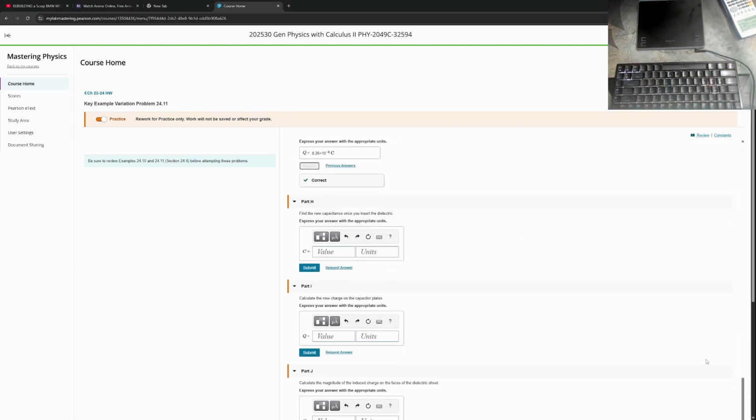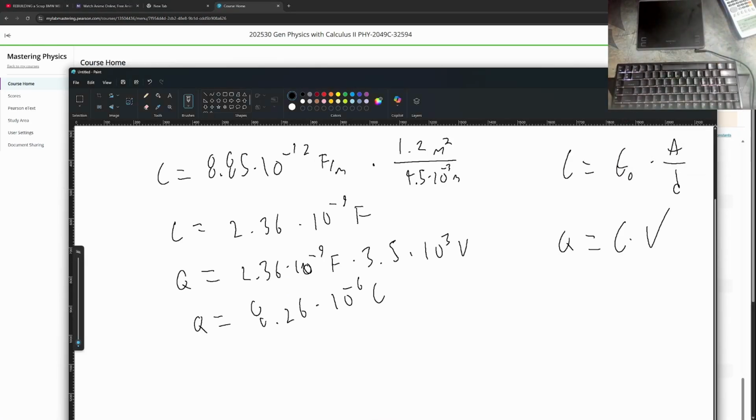And so this one's going to ask us to find the capacitance once you insert the dielectric. And so to do that, you just do the 2.36 times the 2.5. So our new capacitance is going to equal our dielectric constant times our original capacitance.